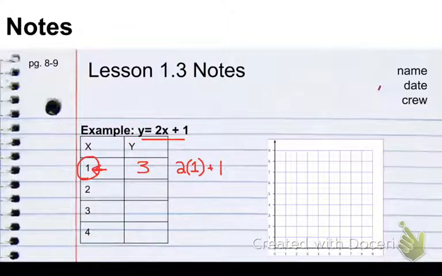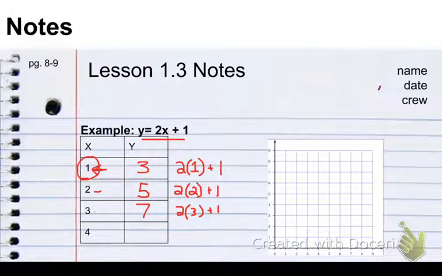Then, if x is 2, I do 2 times 2 plus 1. 2 times 2 is 4, plus 1 is 5. I take 3 for x, and I get 2 times 3 plus 1. Well, 2 times 3 is 6, plus 1 is 7.